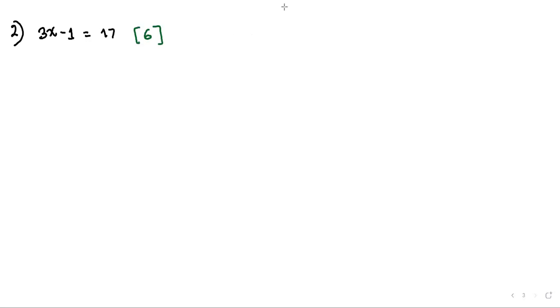Remember, to say that this number is a solution, that number must make the right-hand side equal to the left-hand side. If that number makes the right-hand side not equal to the left-hand side, then that number is not the solution to the equation.